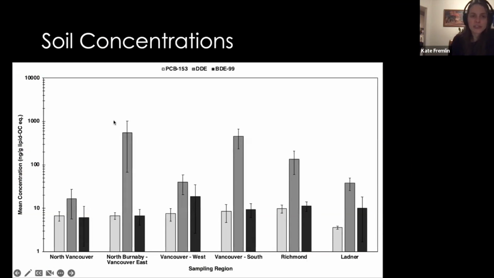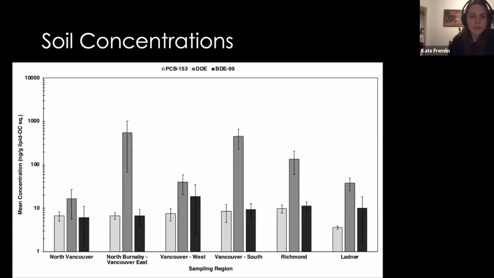When we collected soil samples across Metro Vancouver, we saw that Richmond and the southern part of Vancouver tended to have higher levels of DDE in the soil than some other parts of Vancouver.